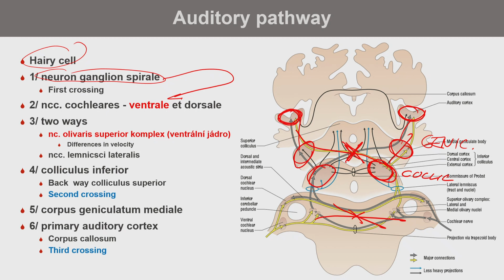And here we have a 3rd crossing. The 3rd crossing is a cortical crossing, and the cortical relay is through the corpus callosum. So the 3rd cross is in the corpus callosum.